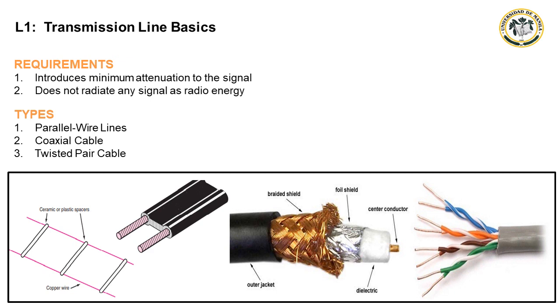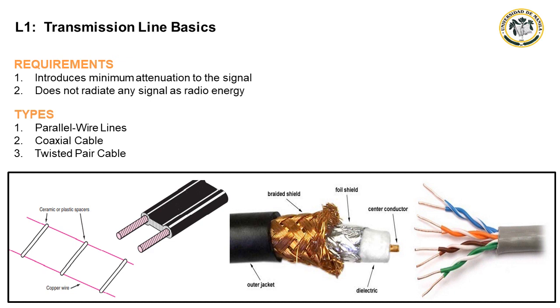A parallel wire line is made of two parallel conductors separated by a space of about 1/2 inch to several inches. As you can see, there is a two-wire balanced line in which insulating spacers have been used to keep the wires separated. Such lines are rarely used today.